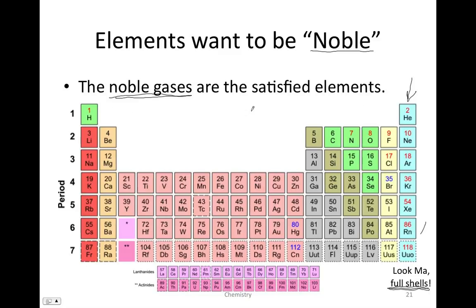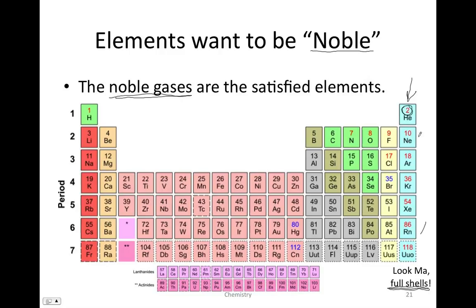So the first shell has 2 electrons. Now wait, isn't that the number of protons? Yes, but remember that the number of electrons is going to be the same as the number of protons, unless you have charge. The second shell has 8 electrons in it, and so 1, 2, 3, 4, 5, 6, 7, 8. And you add the first shell and the second shell together, and that gives 10.